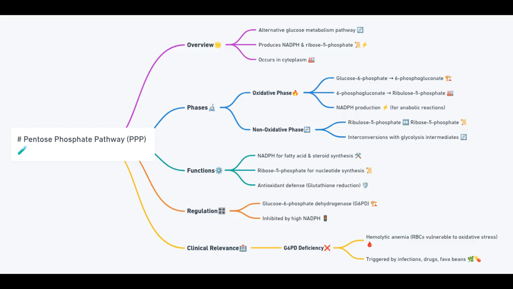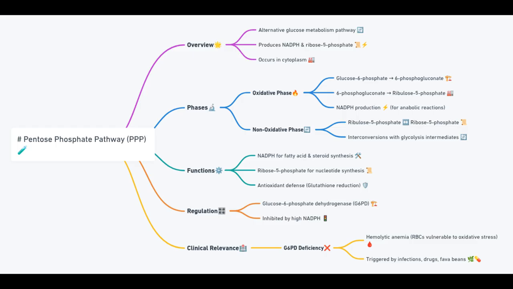So NADPH is a very important reducing agent, and the function of NADPH is fundamentally different from that of NADH. NADPH is generated mainly by the pentose phosphate pathway, also referred to as the hexose monophosphate pathway, in the oxidative reactions.